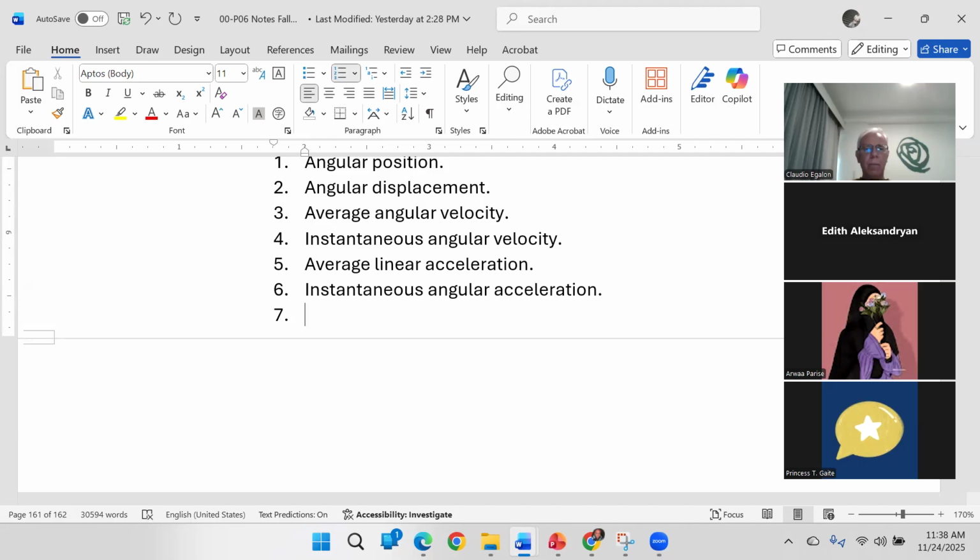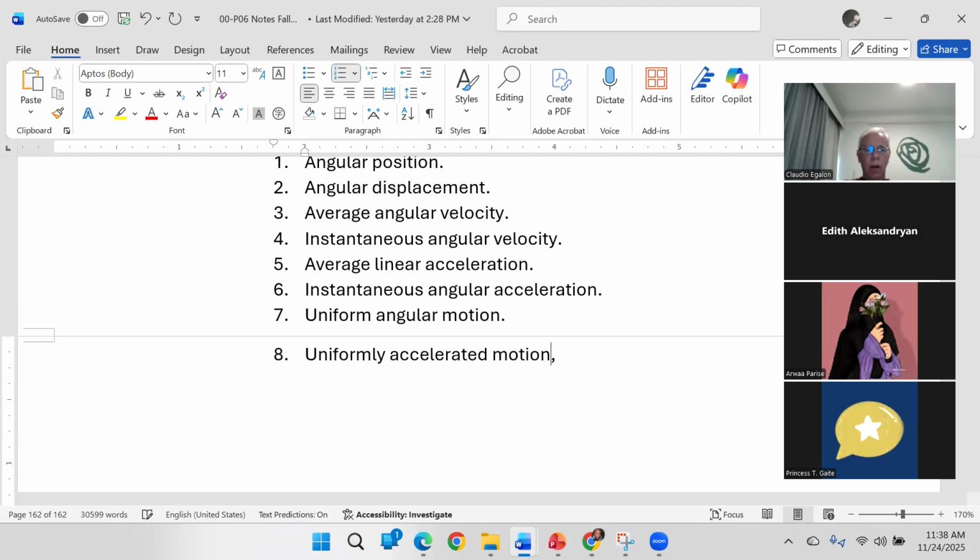We talked about uniform angular motion, right? Uniformly accelerated motion, not uniformly accelerated linear motion, but uniformly accelerated angular motion, right? Equations of motion. We talked about the equations of motion as well.